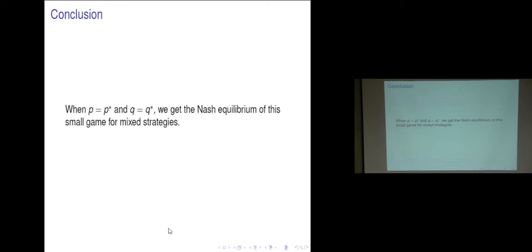Using the assumption that it doesn't have saddle points, I can see the graph has to be like a line crossing. So I find the intersection and convince you the intersection is special, it is a Nash equilibrium. So that's the overall argument.